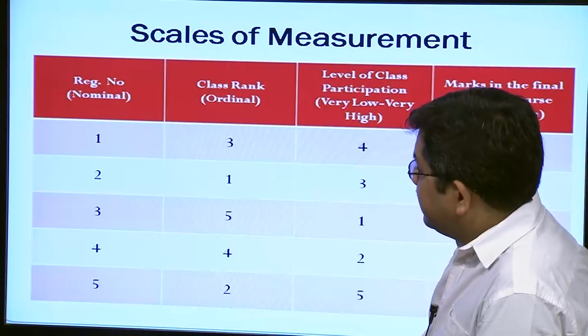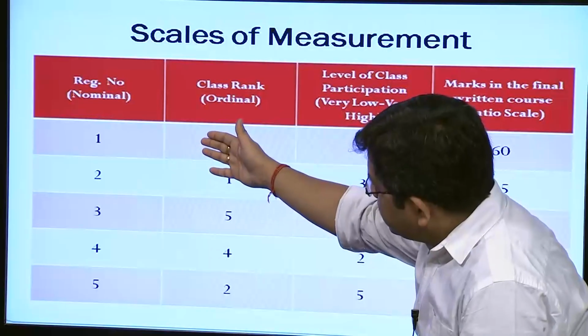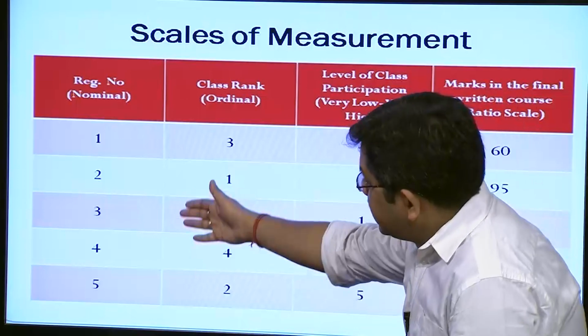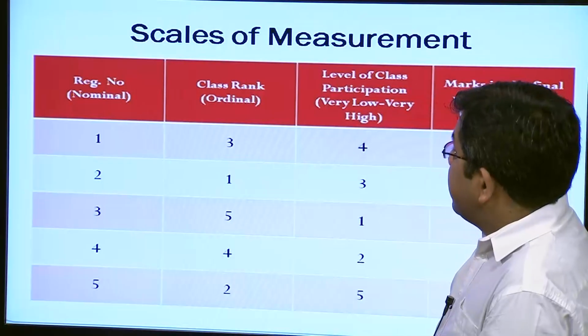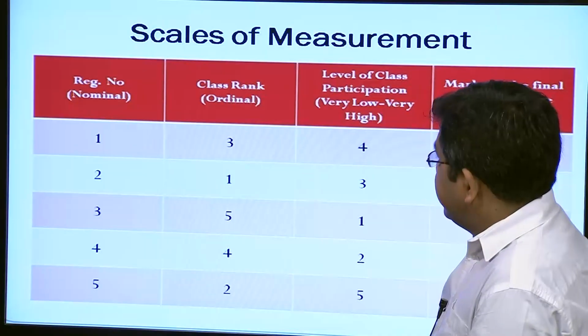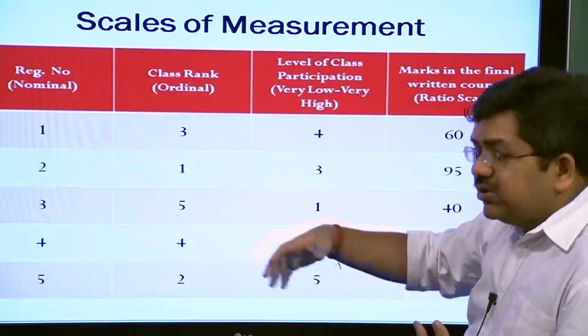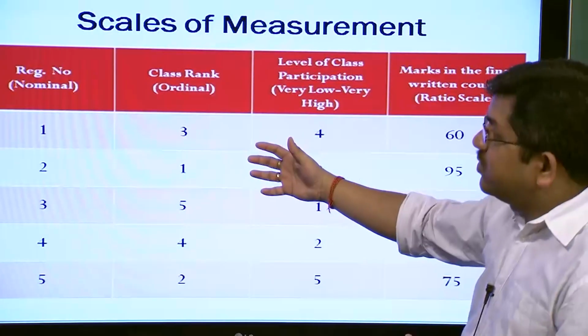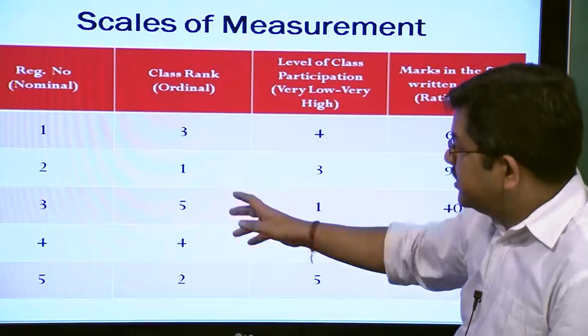So, it is a sort of identification. However, it does not tell anything about the student, that the student with registration number 1 is better than the student with registration number 5. Now, there is another data in this class, that is your class rank, your overall class rank based on your overall evaluation in this class.